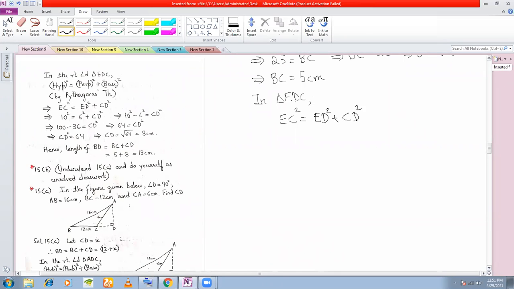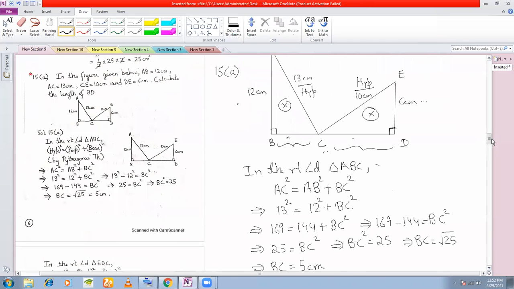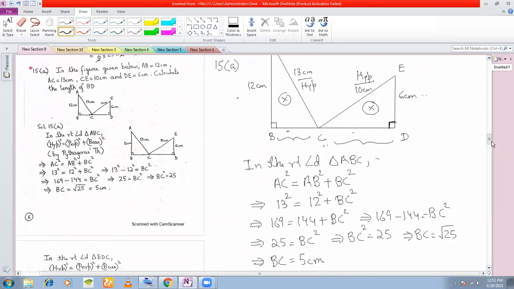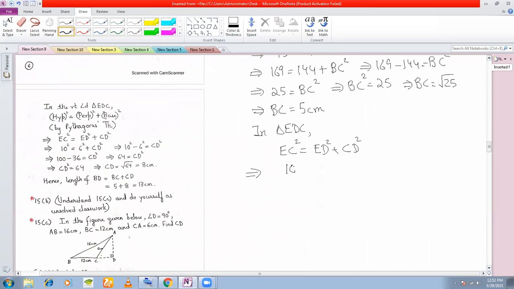Now put the values of whatever lengths you know. You know EC as 10, you know ED as 6. So EC is 10 square, we know ED as 6, and we need to find out CD, so write this as it is. Therefore 100 is equal to 36 plus CD square.